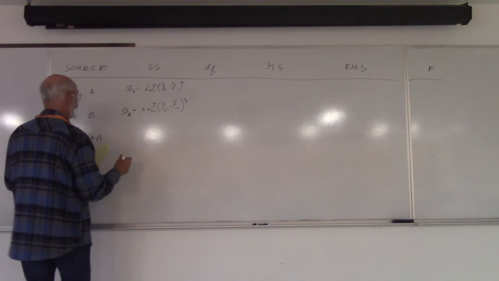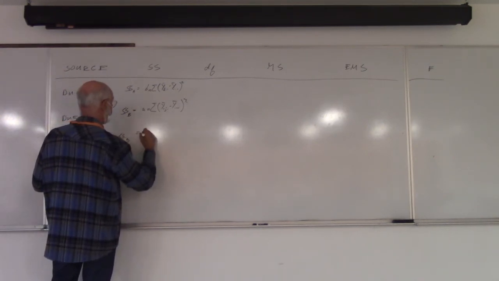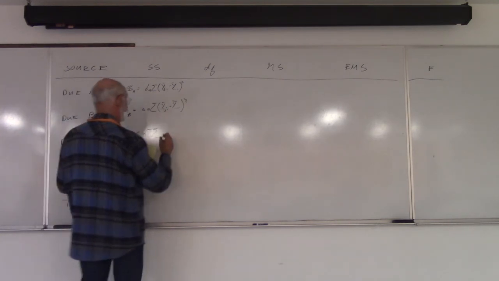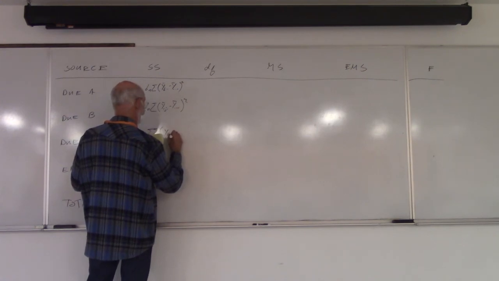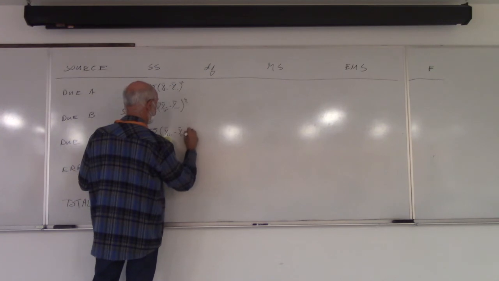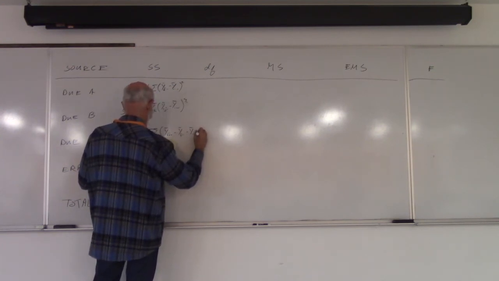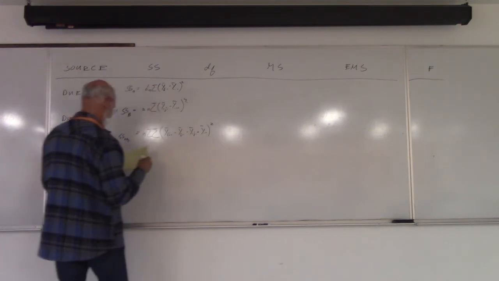The interaction term SSAB is equal to N times the double sum of ȳij. minus ȳi.. minus ȳ.j. plus ȳ... quantity squared.